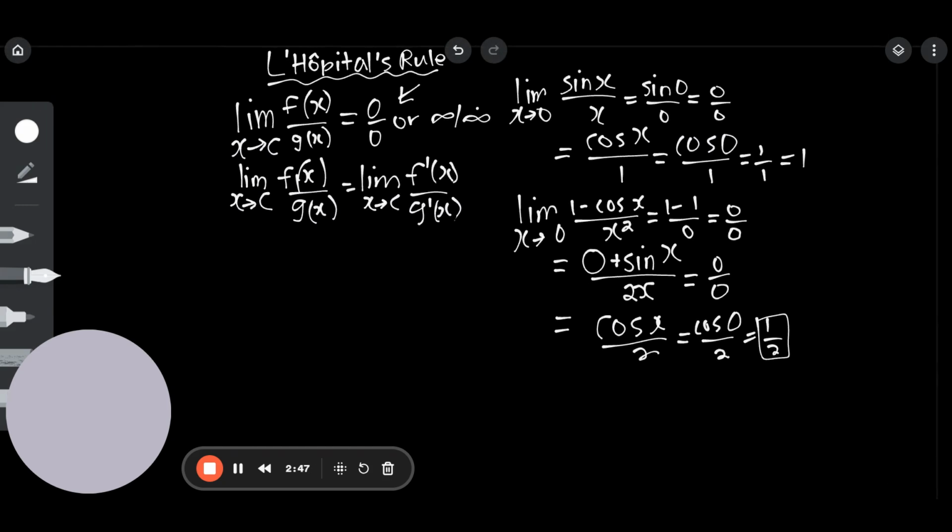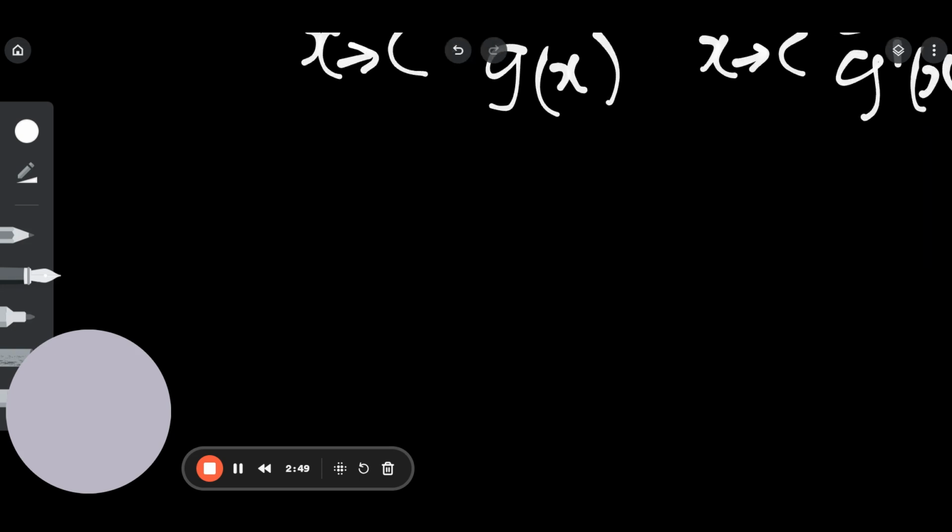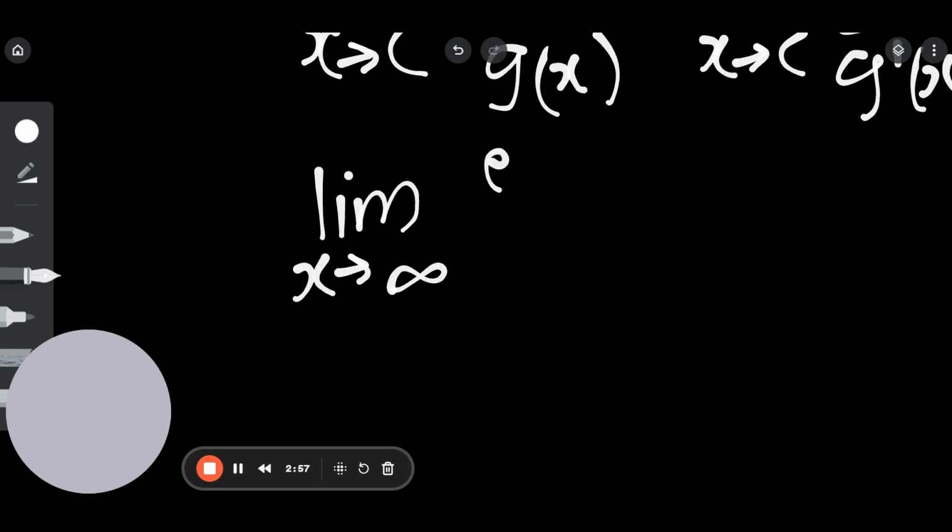Moving on. Here's another one, but this time this is one with infinity. You can try this one on your own, but let's write it down. So the limit as x approaches infinity of e to the x over x squared. You have to try to find the limit. You can feel free to pause the video now and try it out on your own.